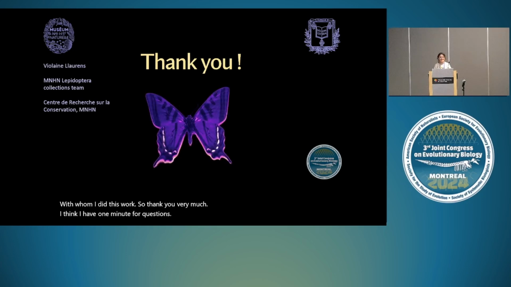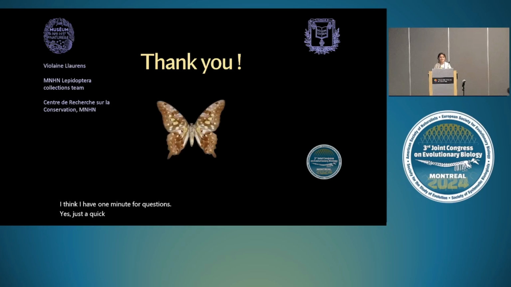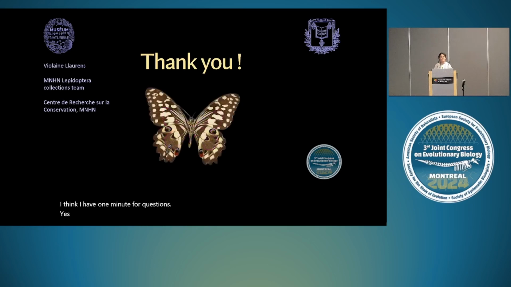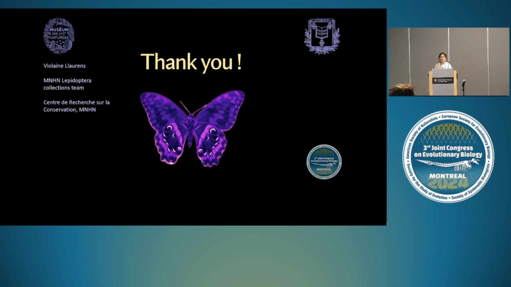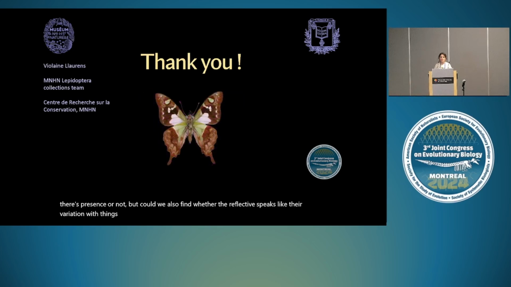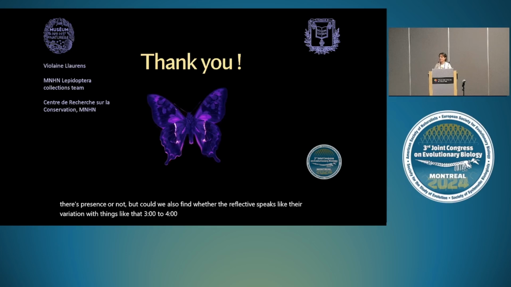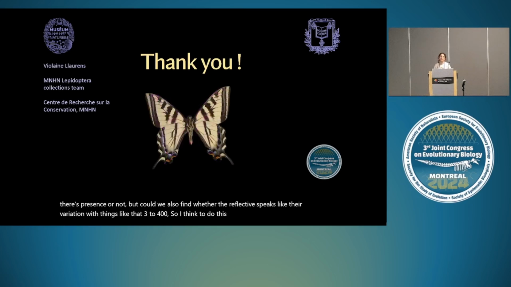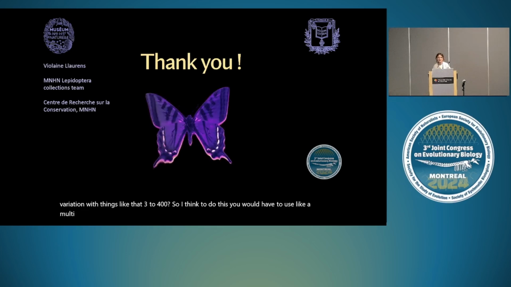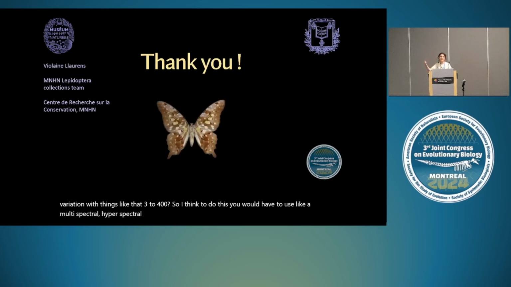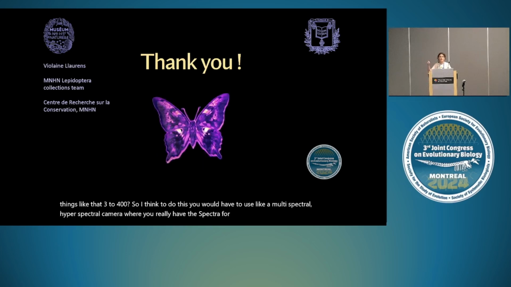Yes? So just a quick question. With UV photography, you can probably say whether there's presence of UV or not. But could you also quantify whether the reflectance peaks, like is there variation within the 300 to 400? So I think to do this, you would have to use a multispectral or hyperspectral camera where you really have the spectra for each pixel of the images.